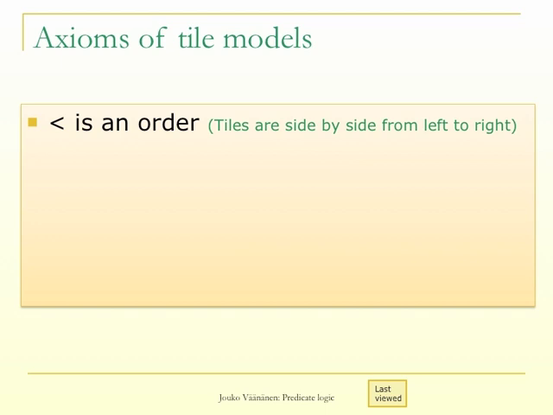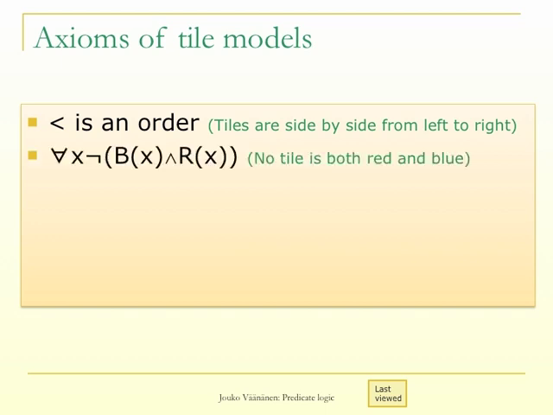So the first axiom is that this less than relation is an order, in the sense that we have discussed earlier, which means that tiles are side by side from left to right. The next axiom says that no tile is both red and blue, that the color is in this sense unique.